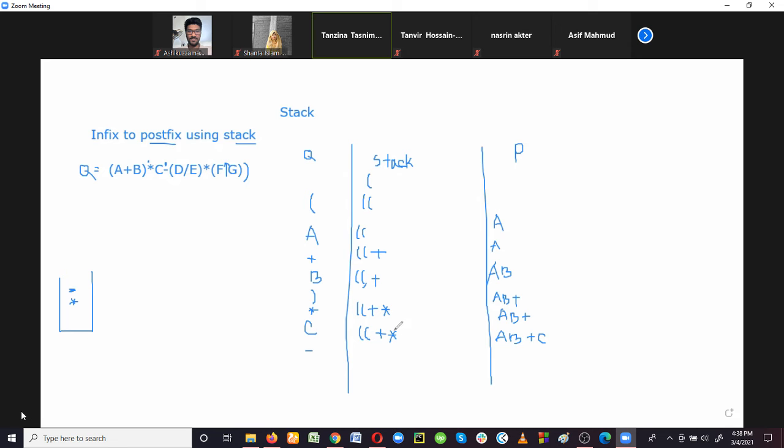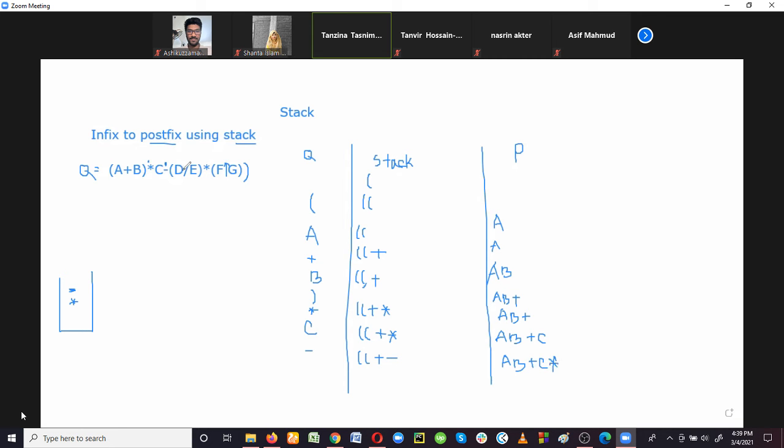So now delete the topmost element from the stack, then add that minus operator as the new topmost element. So here, after removing multiplication, we can place minus, and that multiplication operator will be placed after C. So here we can write AB plus C multiplication.